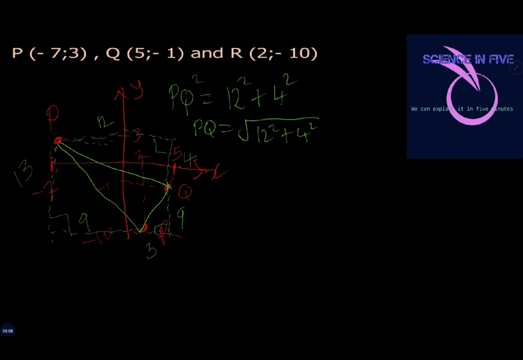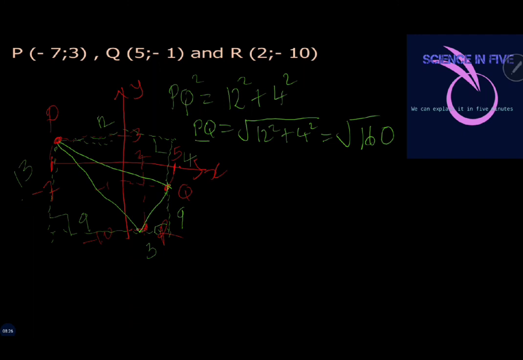What is 12 squared plus 4 squared? It's 160. So it's the root of 160. I'll leave it as root 160 just to avoid working with a lot of decimals. So PQ is root 160.